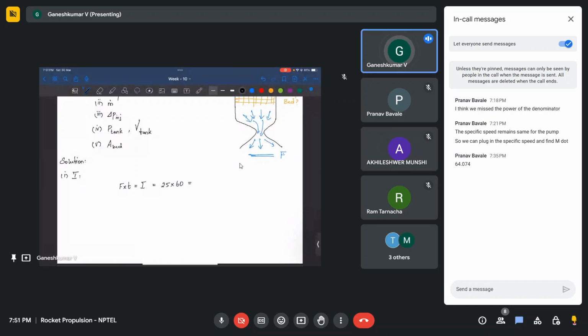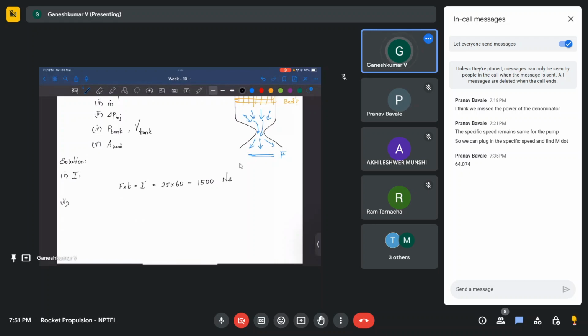So that's why we write force is nothing but impulse by time. Change of momentum by time will give us rate of change of momentum. Okay, so how much is the impulse coming out to be? 1500 Newton second.